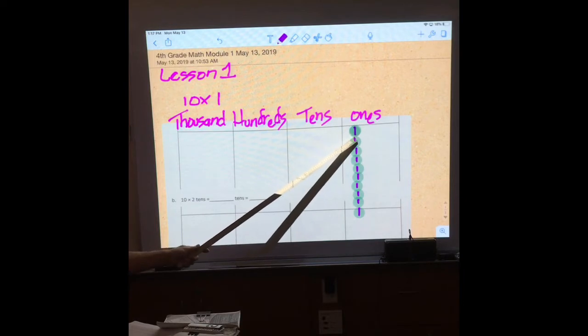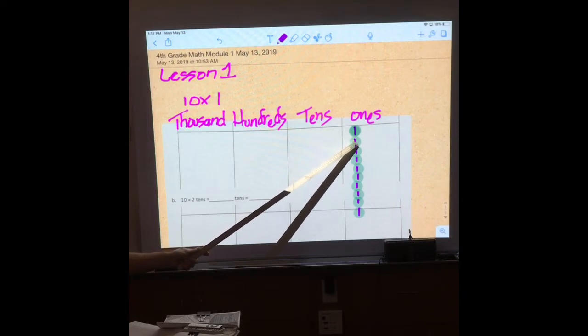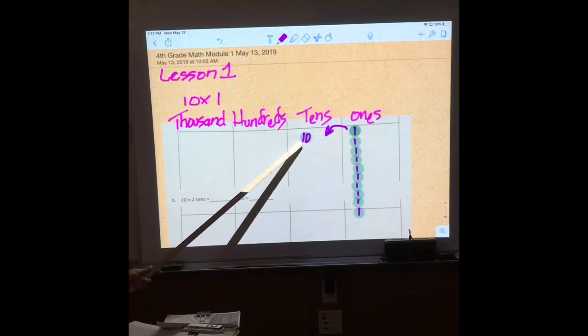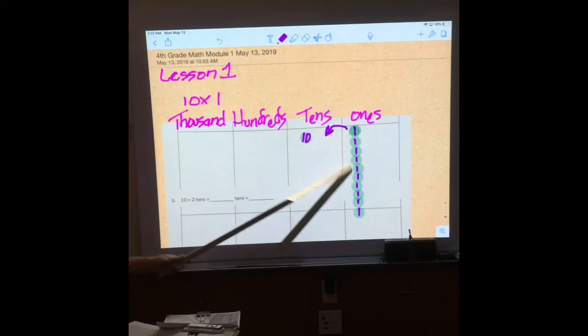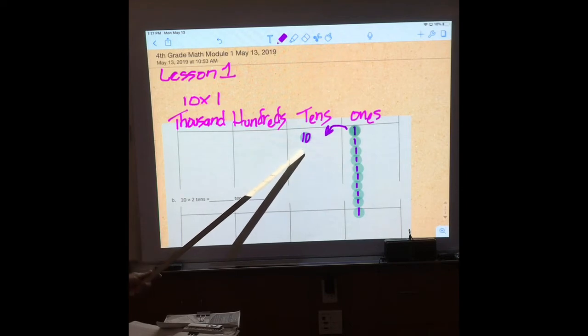It's like we have 10 $1 bills, right? Could I take those to the bank and cash them out for what? I can cash them out for one $10 bill, right? So when I have 10 ones in here, I can move them over and now I have 10 in the tens place.